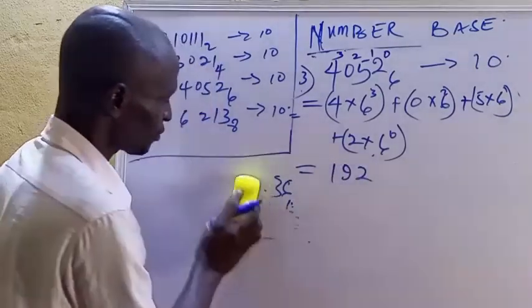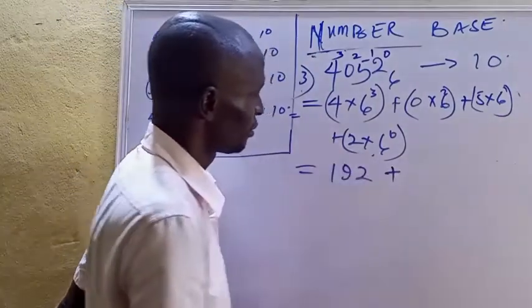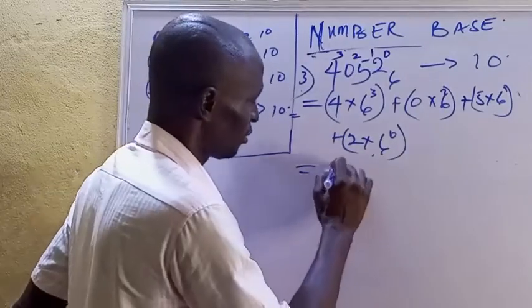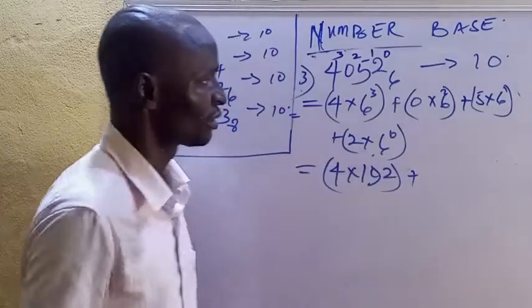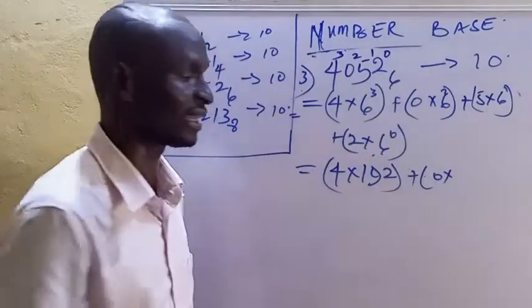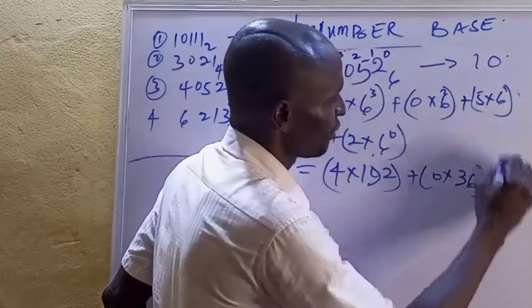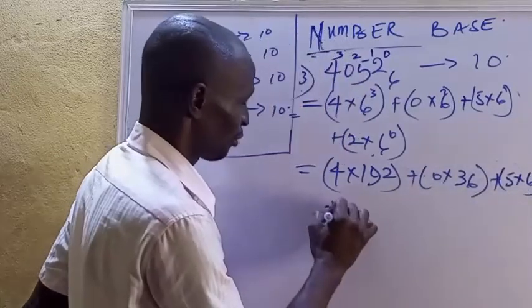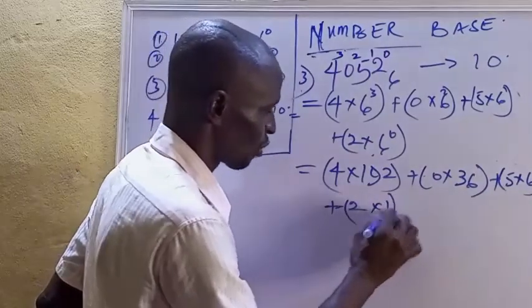So that's 4 times 192 plus 0 times 6 raised to power 2, that's 36. 6 times 6 is 36, plus 5 times 6 raised to power 1, that's 6, plus 2 times 6 raised to power 0, that's 1.